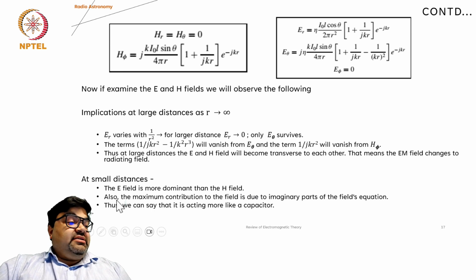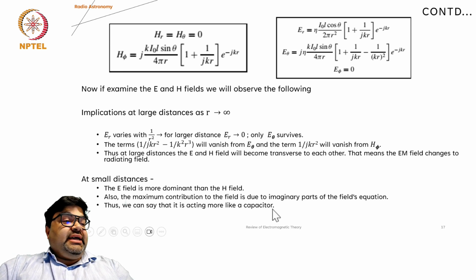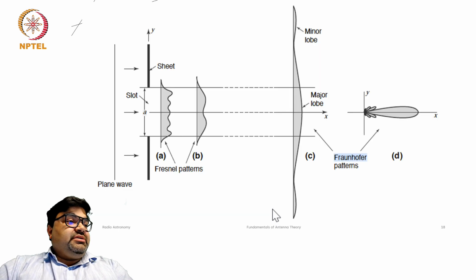That we can also infer from here. If you look at the above two boxes, the maximum contribution to the field is due to the imaginary parts of the field equations. Thus, we can say it is acting more like a capacitor, having more reactive component.